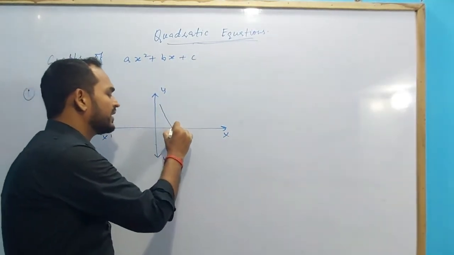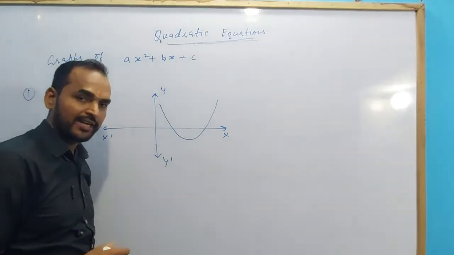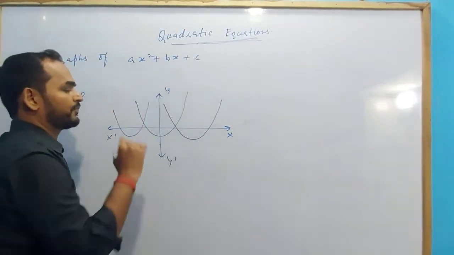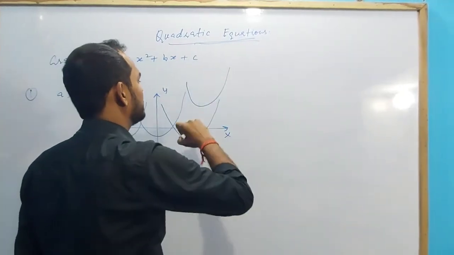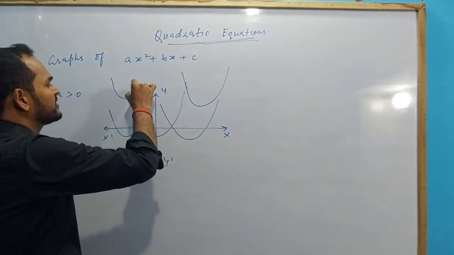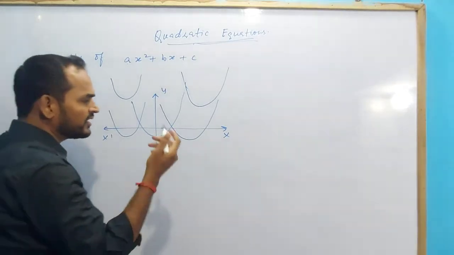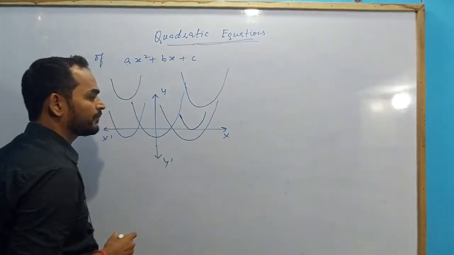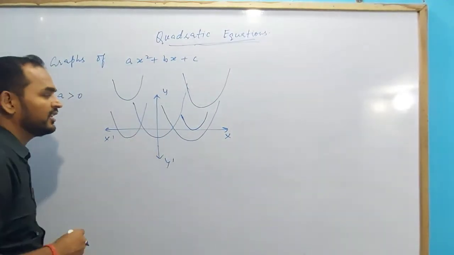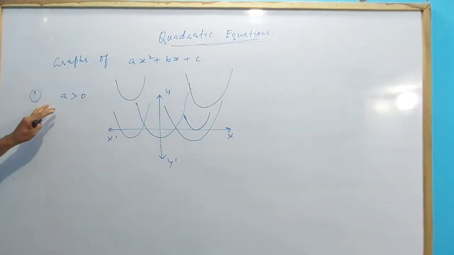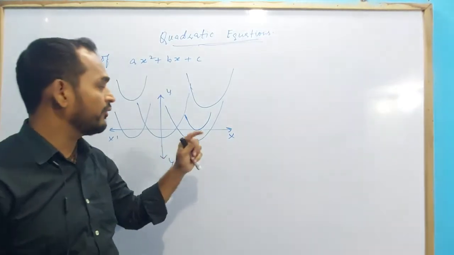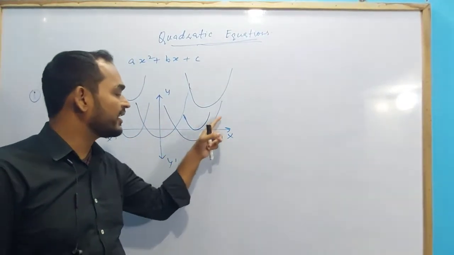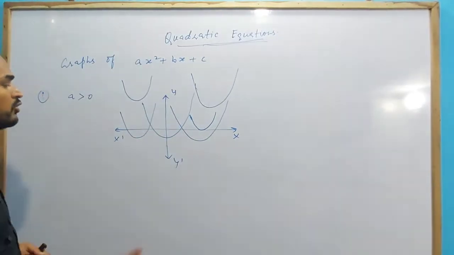It will look like this, or like this, or like this, or it might simply touch the x-axis. All these show the conditions when it touches or intersects the x-axis. So it means what?